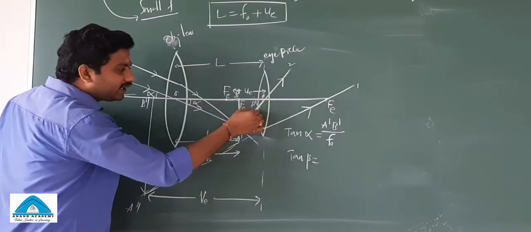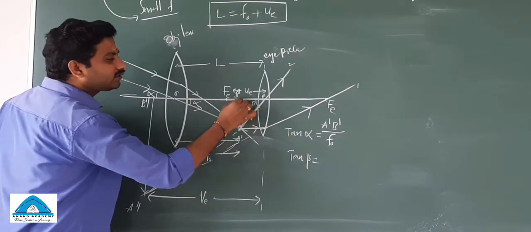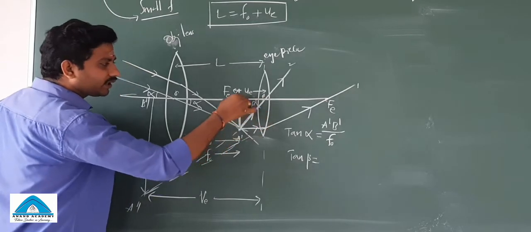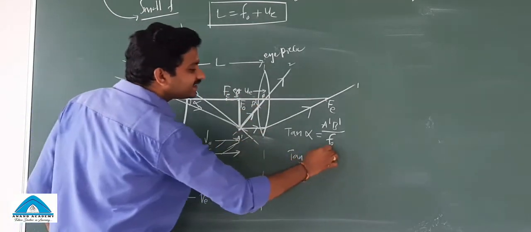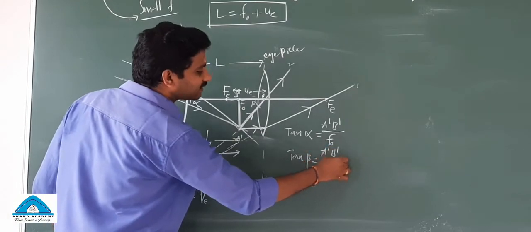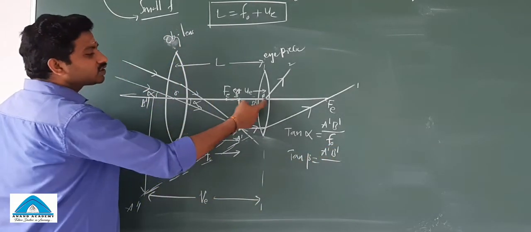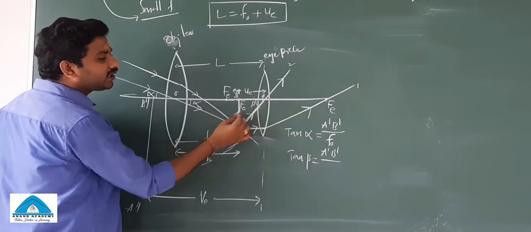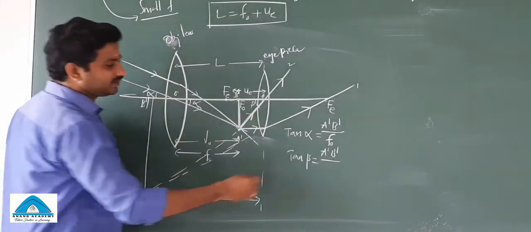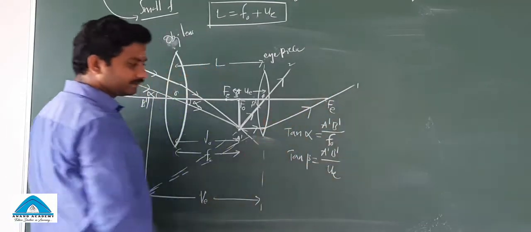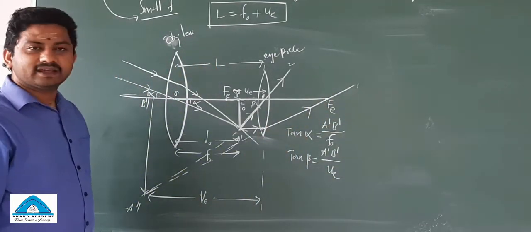So this is the small triangle. What is tan beta for this small triangle? The opposite side is the same, A dash B dash, divided by the adjacent side, which is the object distance for the eyepiece, UE.